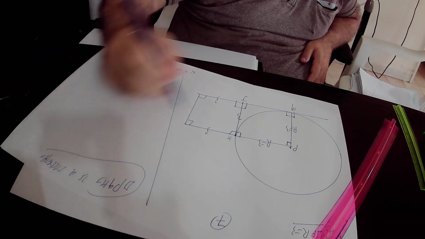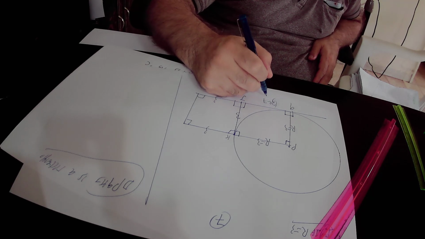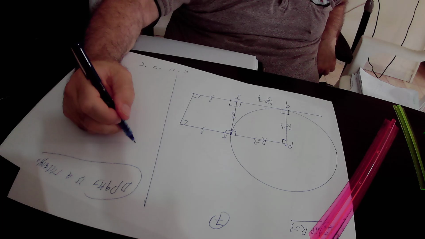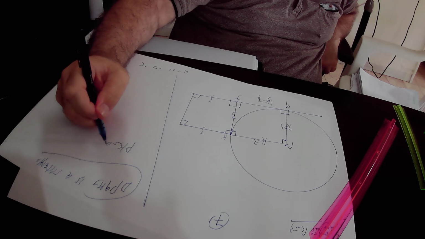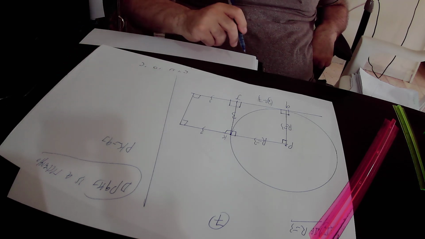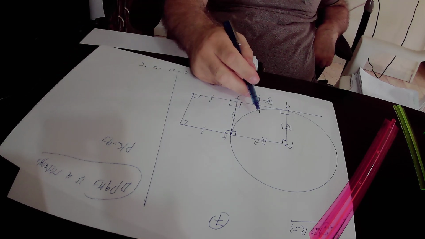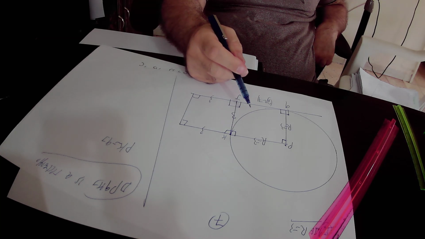This is to say, PK is equal to QJ. But here, note that PK is the radius of the circle that is equal to 3 units.